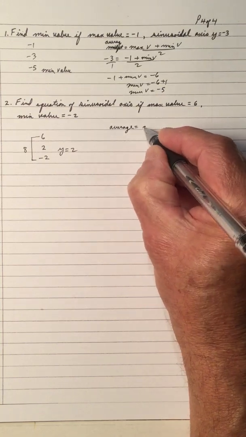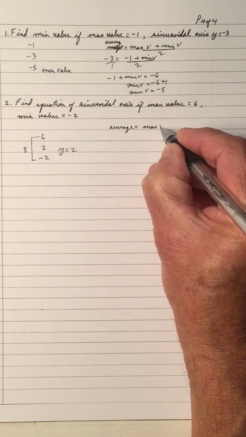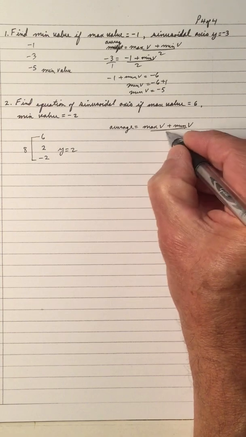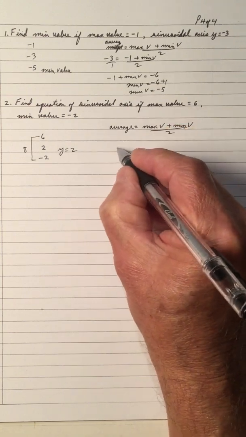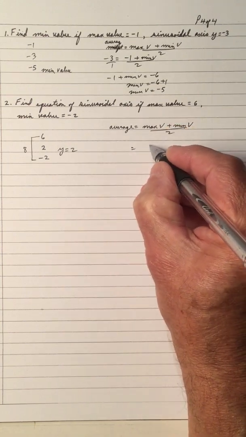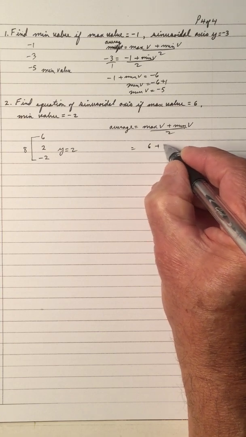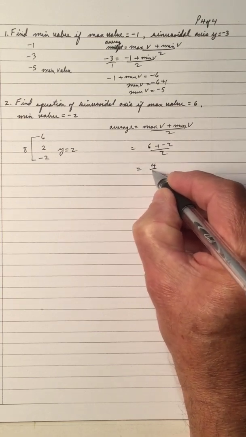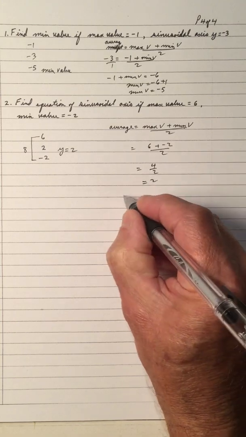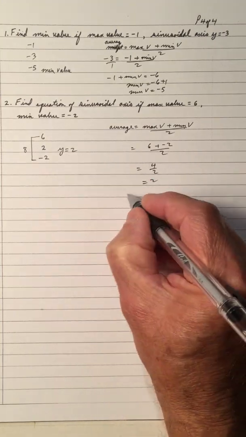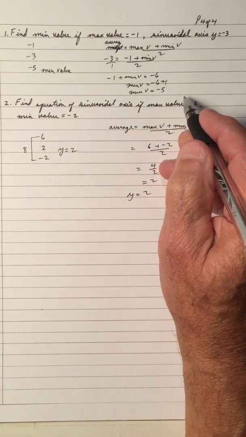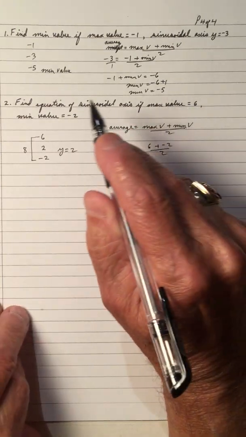It's the average of the maximum value and the minimum value divided by 2. So the maximum is 6, add on -2, divided by 2. That's 4 divided by 2, 2. So the sinusoidal axis again is y equals 2, because the sinusoidal axis is halfway between the maximum value and the minimum value.